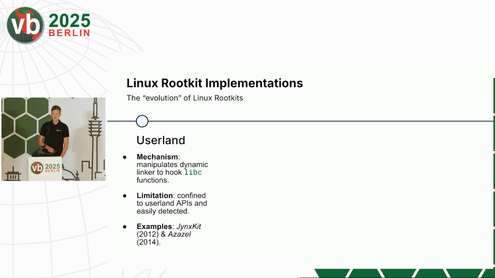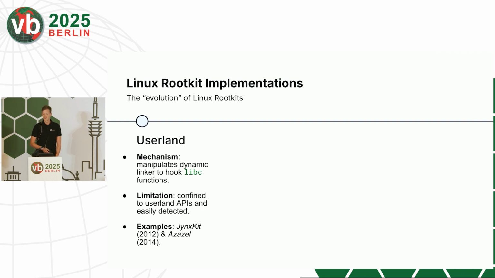So we'll start with a little evolution of Linux rootkits. We first have the userland rootkits, our shared object rootkits. They manipulate the dynamic linker through dynamic linker configuration files or LD preload to make sure that they are loaded before any other program.